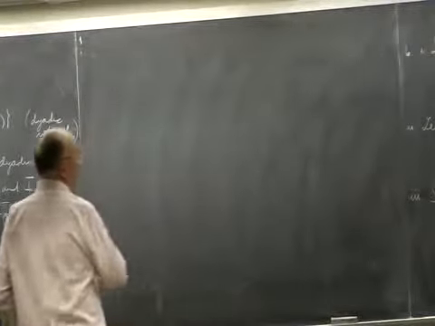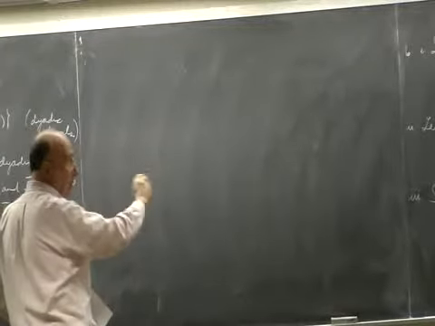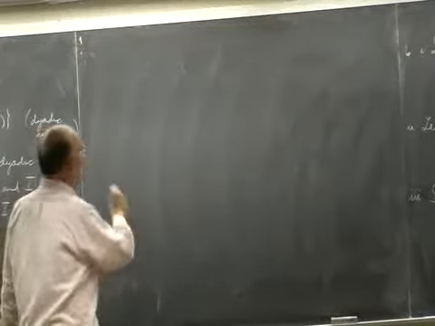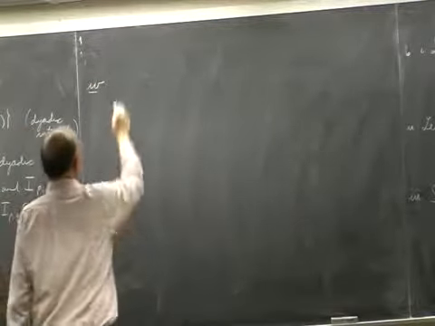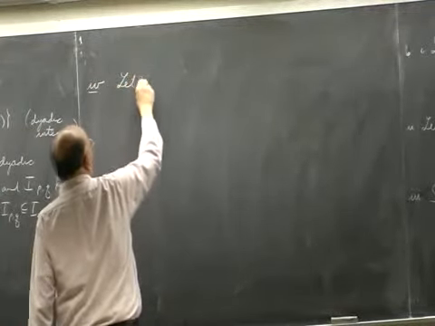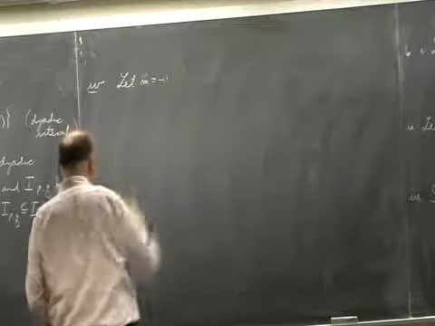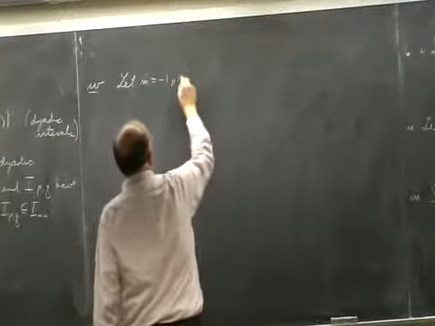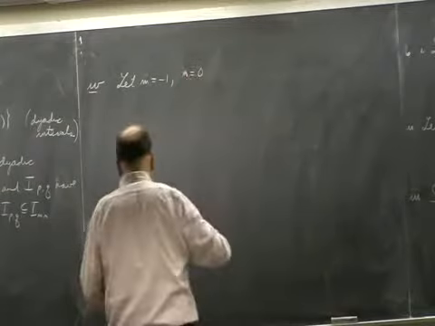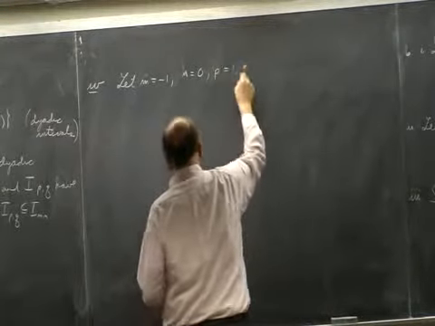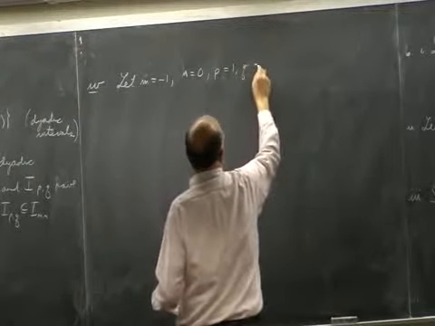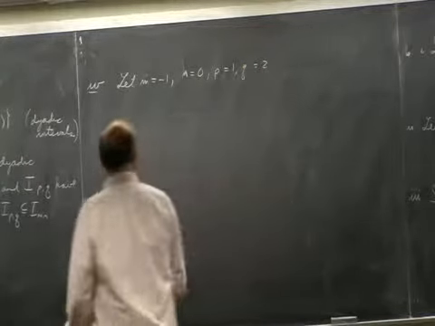So, this example is really the whole proof. Let m equal minus 1, n equals 0, p equal 1, and q equal 2.